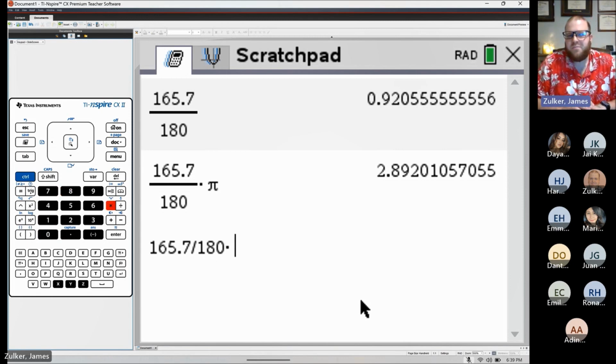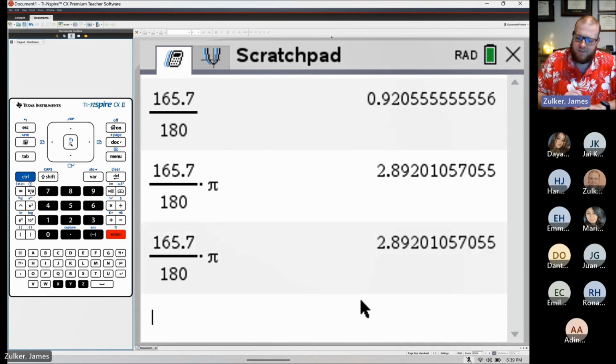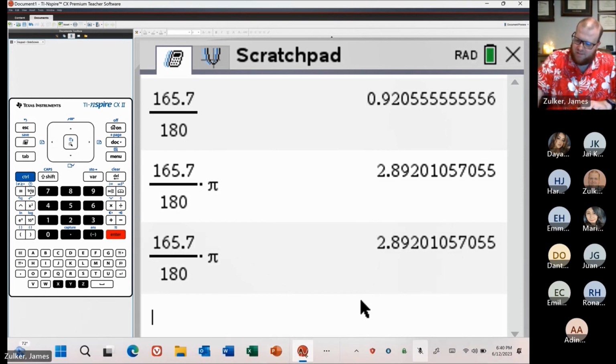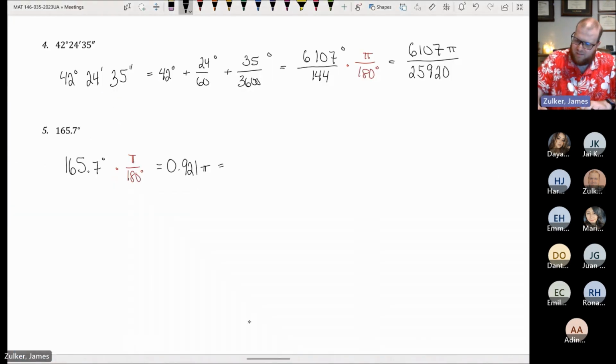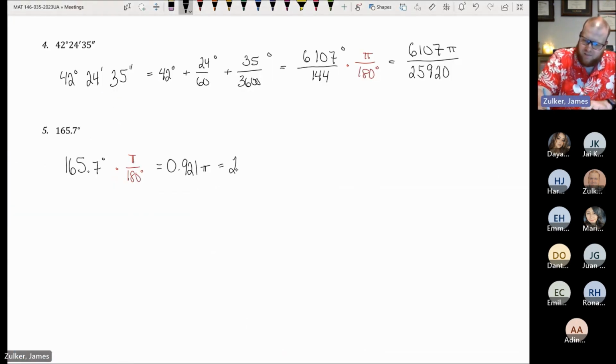Another way you could do it is just write out pi and then hit enter. And you see it's the exact same thing. Unless the problem specified one way or the other, I'd accept either answer.